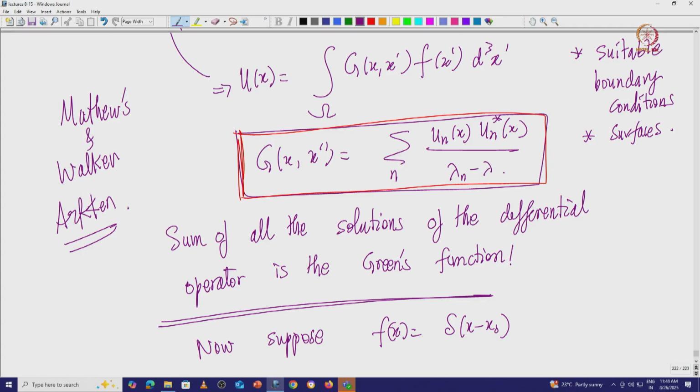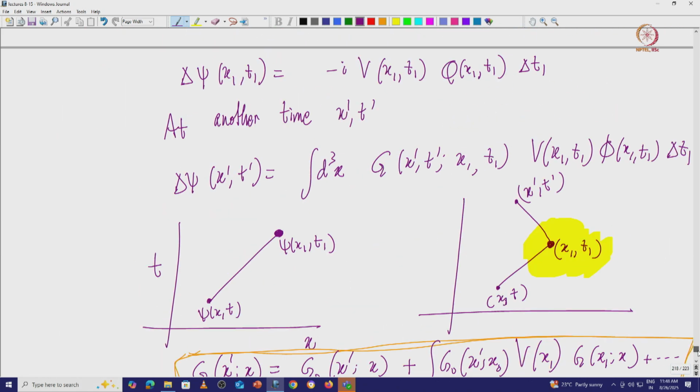The second important property of the Green's function is that, using this method, essentially just putting f of x, the homogeneous part, to be the delta function, what you will see is that the wave function itself becomes the Green function.